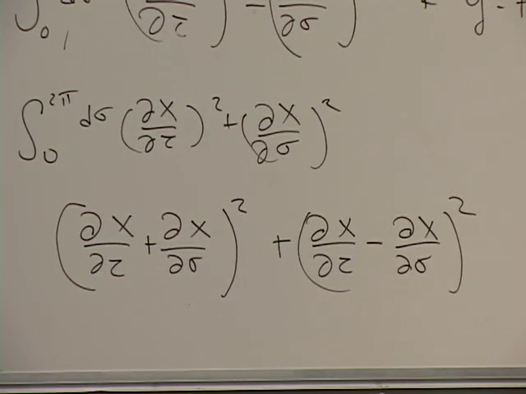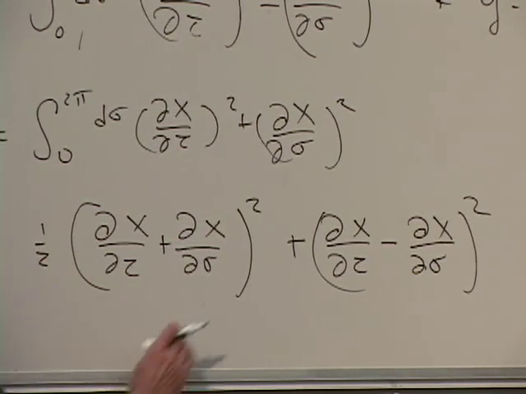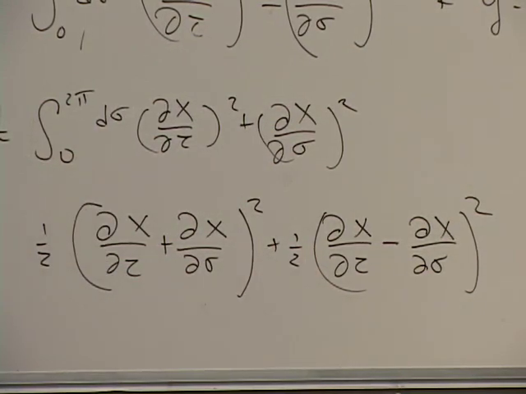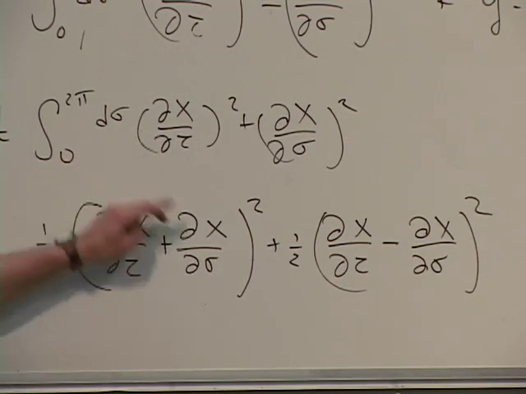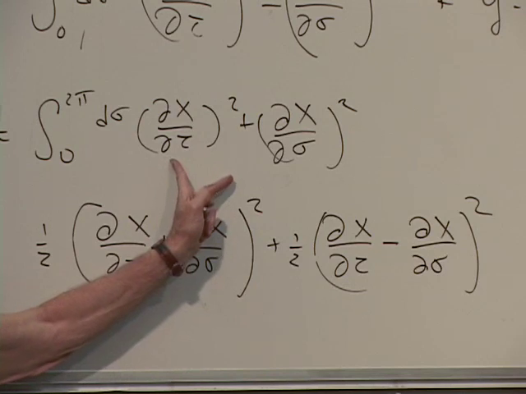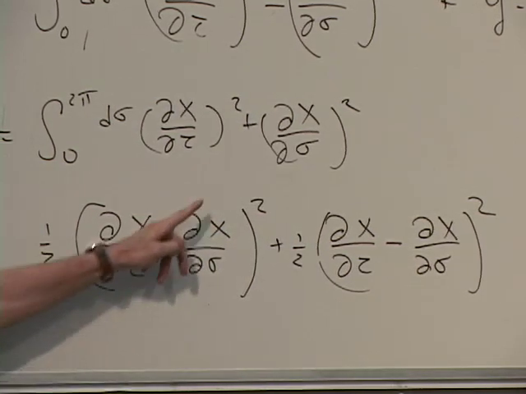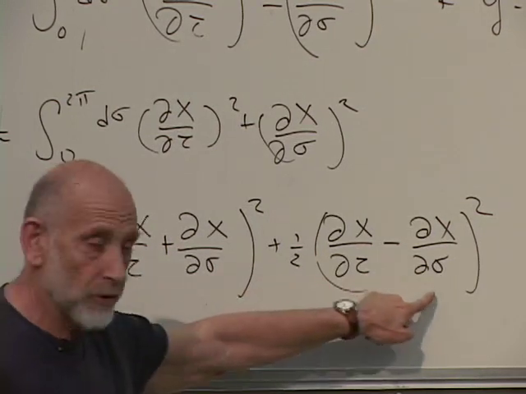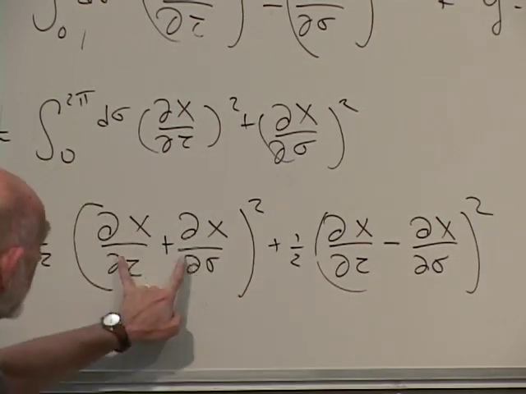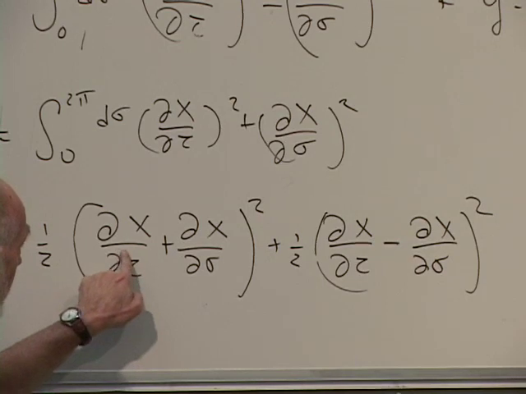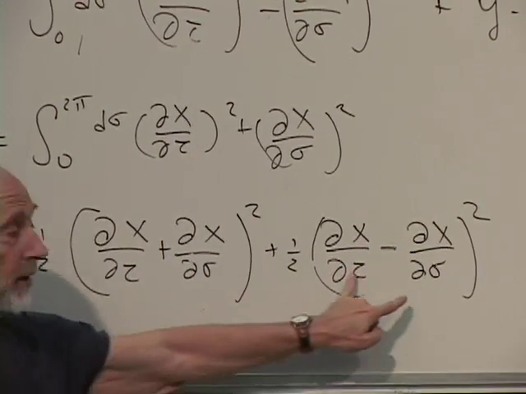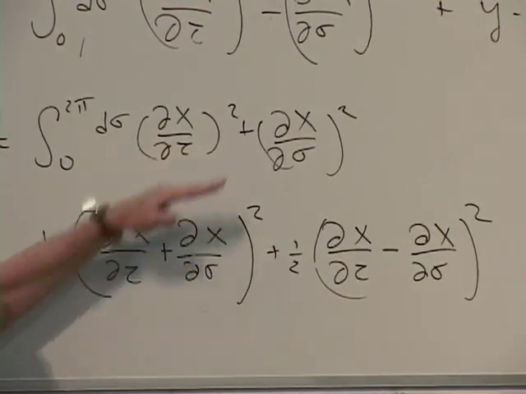It's probably a 1/2. Can you see what's happening? The dx by d tau squared here and here, we double it. That's why I put a 1/2. There's also a dx by d sigma squared from here and from here. And then there's a cross term. The dx by d tau times dx by d sigma comes in with a plus sign here and with a minus sign here, and they cancel.